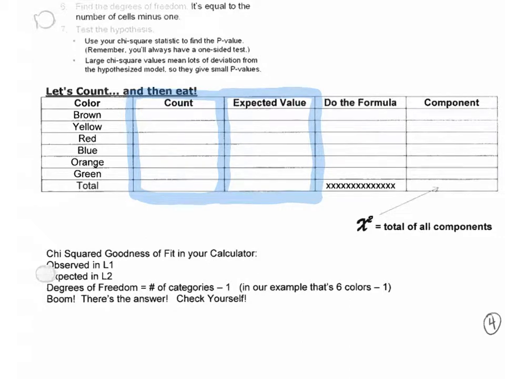Now, of course, before you can get your expected, you need to know how many M&Ms you had, because that's the number you're multiplying the percentages by. Let me remind you what the percentages were. Brown was 12%, yellow was 14%, red 13%, blue 21, orange 20, and green 20.